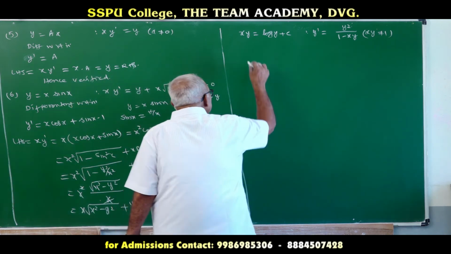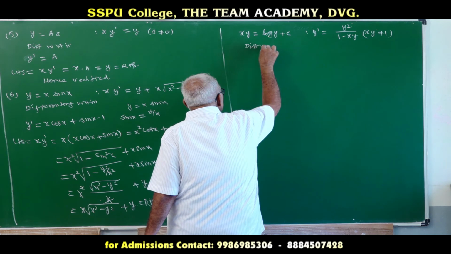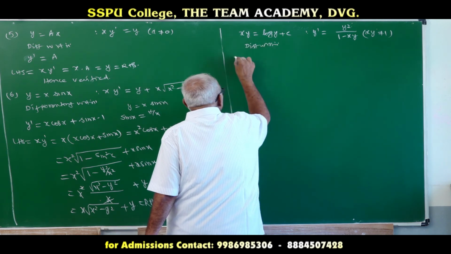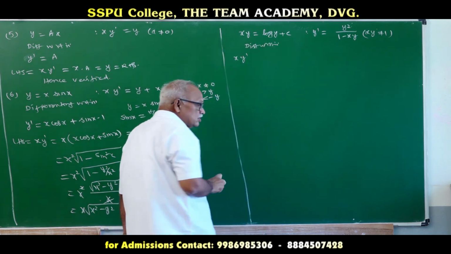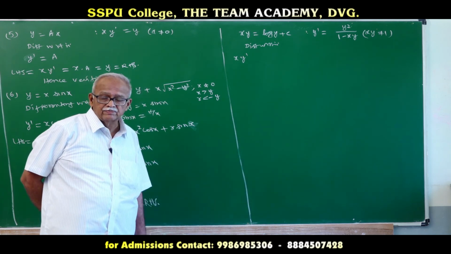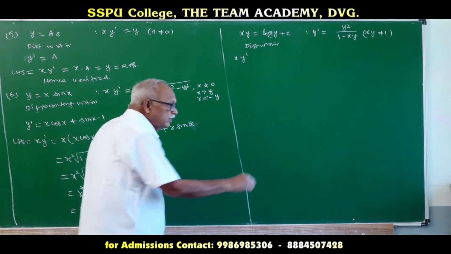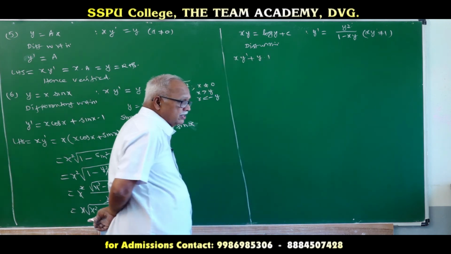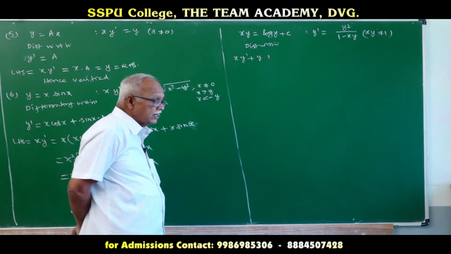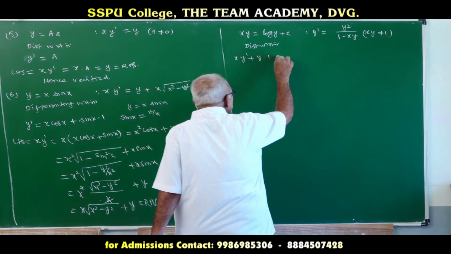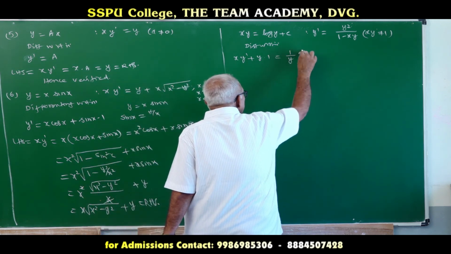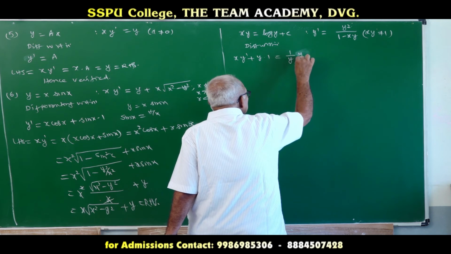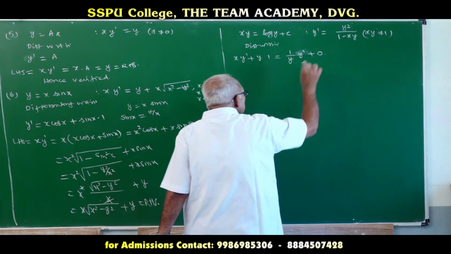Differentiating with respect to x: x into the first function into differentiation of the second function, y, is y dash, plus y into the second function into differentiation of the first function, which is x, it is 1, is equal to log y differentiation, 1 by y into y dash, plus 0.